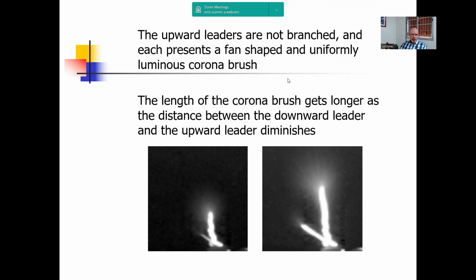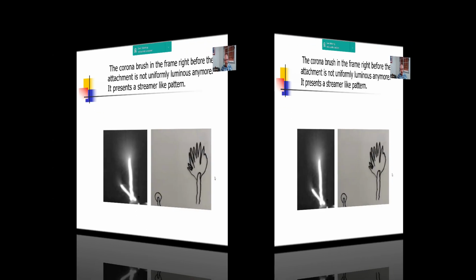There's only one case, which I've shown you, of an upward branched leader. And the length of the corona brush that appears at the tip of the upward leader usually gets longer as the distance between the downward leader and the upward leader diminishes.